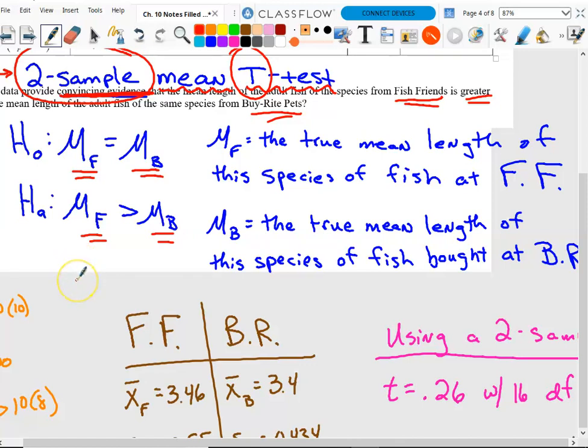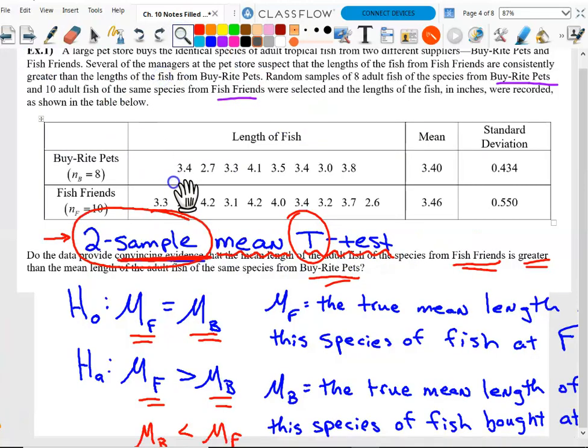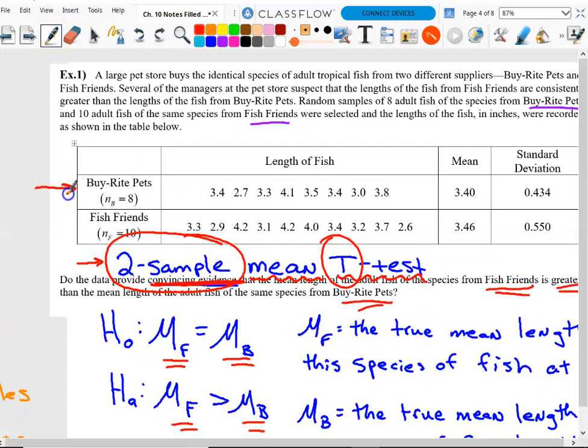It's driving me nuts. I can't imagine what it's doing to you. You could theoretically have said the mean for Buy Right is less than the mean for Fish Friends, especially since Buy Right came first in the problem. So I really don't care which way you go about it. Who are you going to put first? Who are you going to put second?